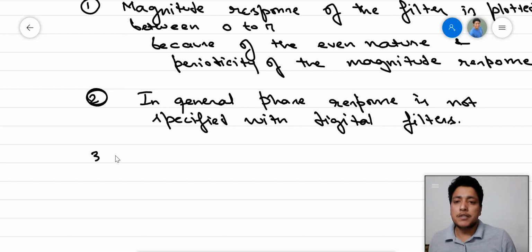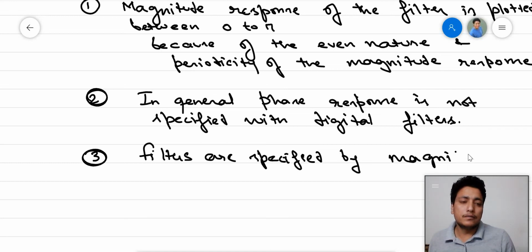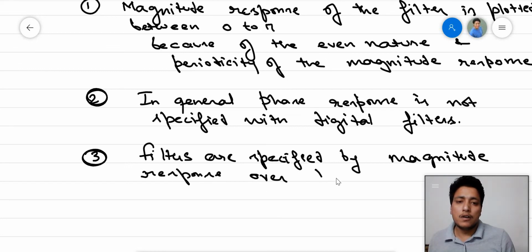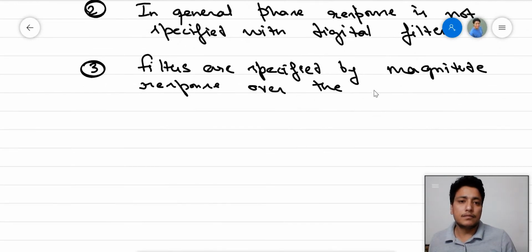Filters are specified by magnitude response over the pass band and stop band.